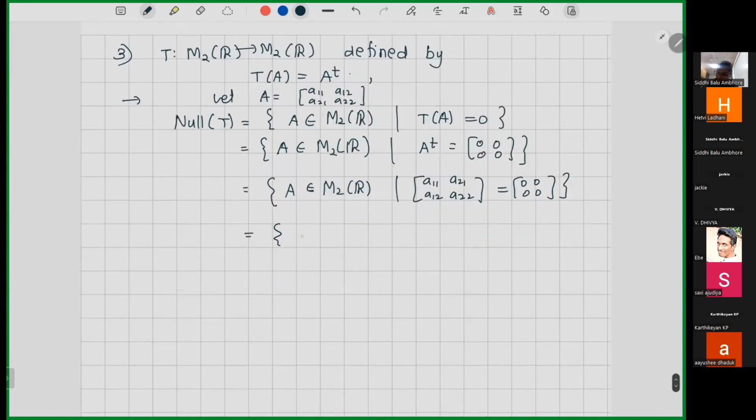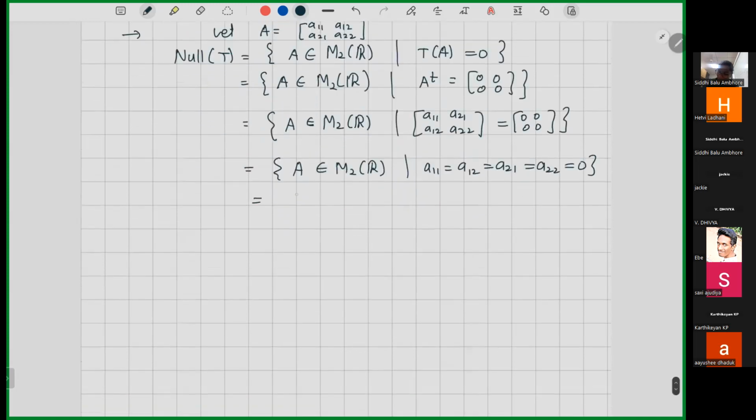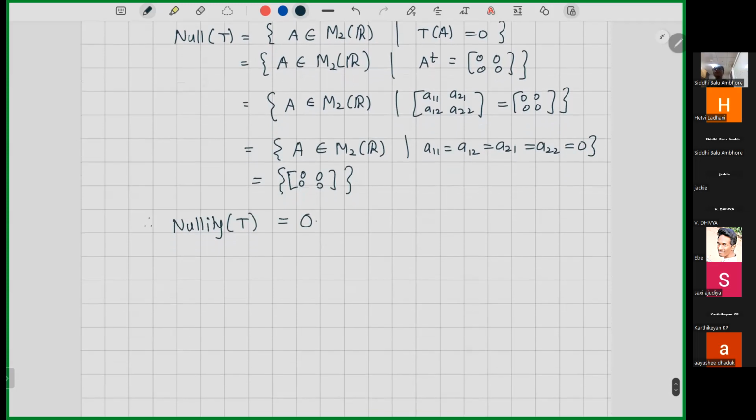What I get here is that everything is 0. All the coordinates of the matrix are 0. So what we got here is just the 0 matrix, and therefore the nullity of T is 0 here. Any doubts?